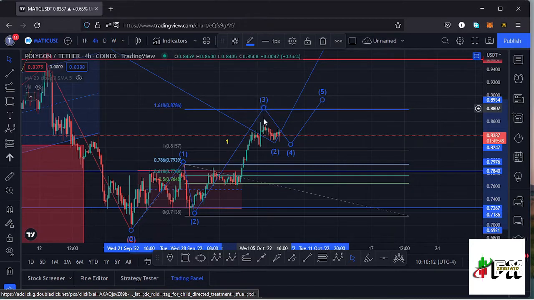So in case we continue pushing higher, get into that target area at around the $0.87 mark, then I'll be expecting a bit of a retracement to the lower side in the formation of our wave 4, then continue pushing higher in the formation of our wave 5 to complete that higher Elliott wave count 1, which is within a wave 1.